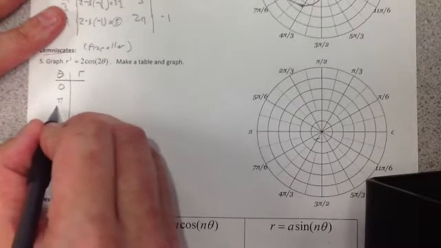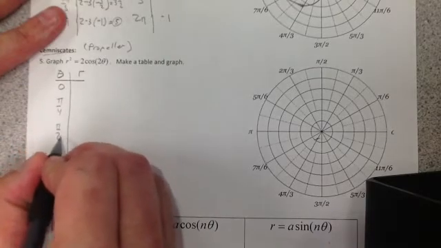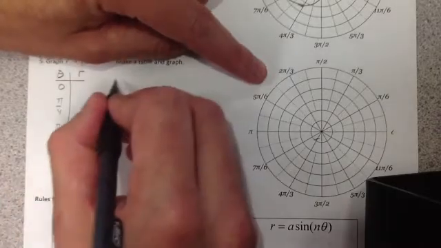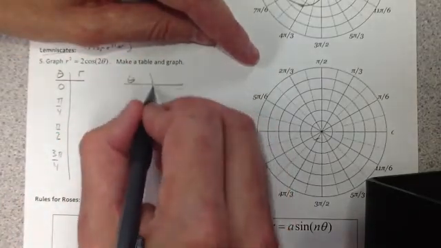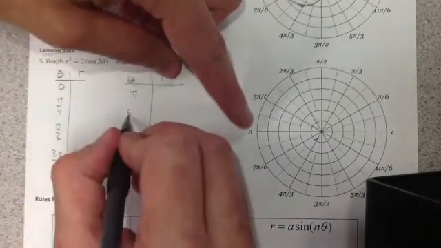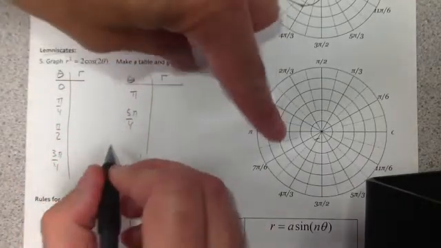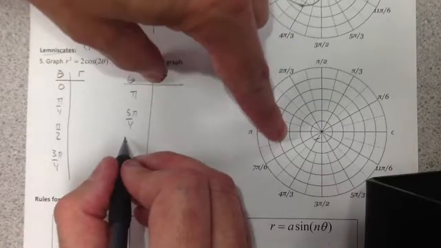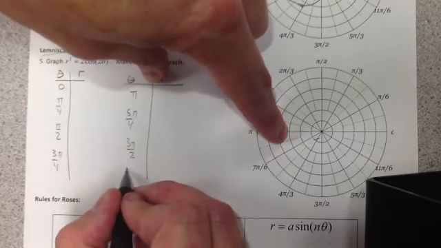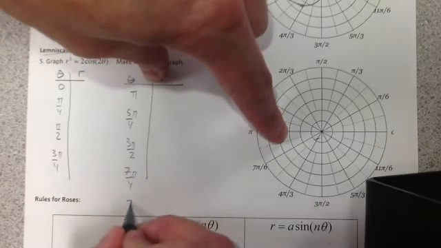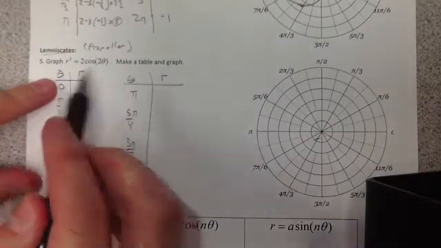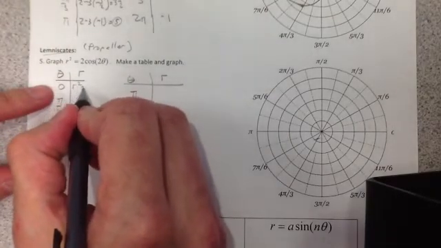0, pi over 4, pi over 2, let's keep going, 3 pi over 4, pi, 5 pi over 4. Next year in calculus, I'm going to show you an easy way to do this one. 3 pi over 2, and 7 pi over 4, and 2 pi. Plug in 0. Now we're saying r squared equals 2.